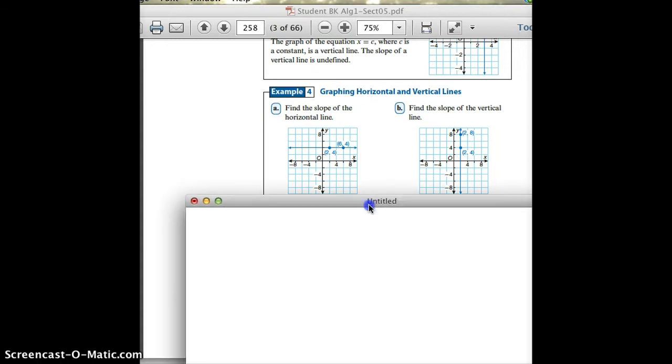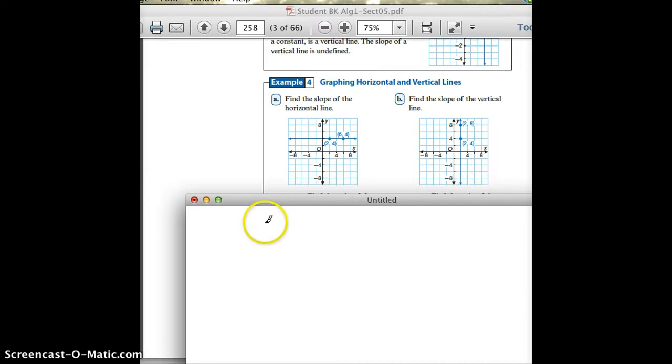So the first one is a horizontal line. I remember that it's called horizontal because it's like when someone tells you to look out on the horizon, out like that. So it's a horizontal line.